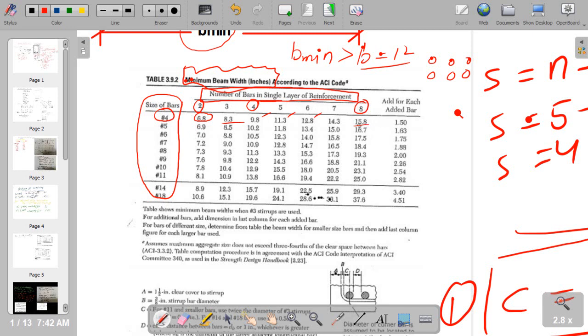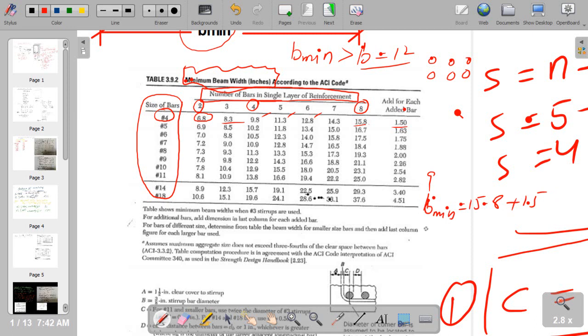But note down here, if we are placing more than 8, then we have to add 1.50 for each bar. Let's say for 9 bars, the beam minimum will be 15.8 plus 1.5.